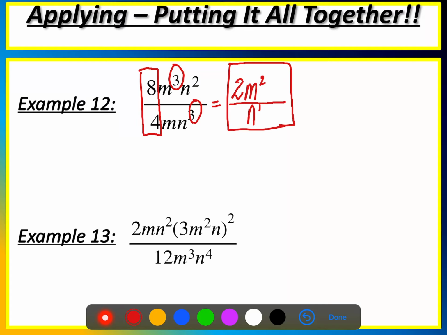All right, the next example, why don't you pause your video and try and simplify this one on your own before checking your answer. Okay, so I'm first going to do power to a power.